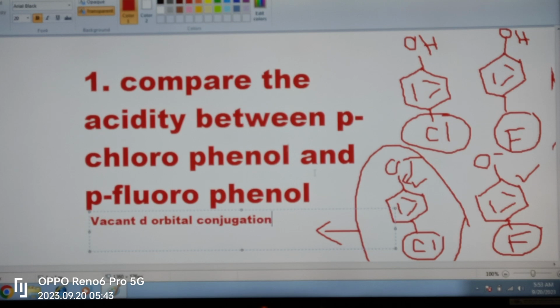That means the conjugate base from parachlorophenol is more stable than that of parafluorophenol. So the acidity of the parachlorophenol will be more compared to parafluorophenol, though fluorine is more electronegative than chlorine. I think this is clear for all of you. So parachlorophenol will be more acidic compared to parafluorophenol.